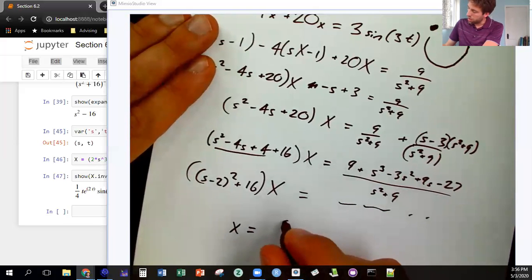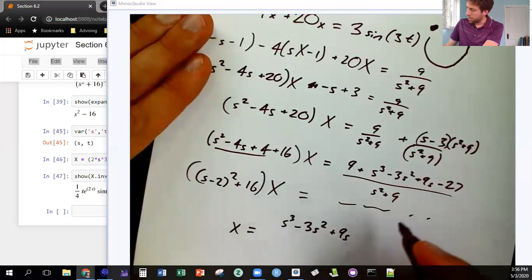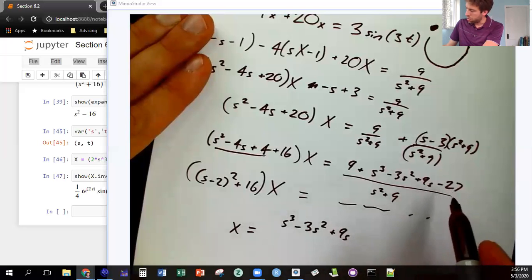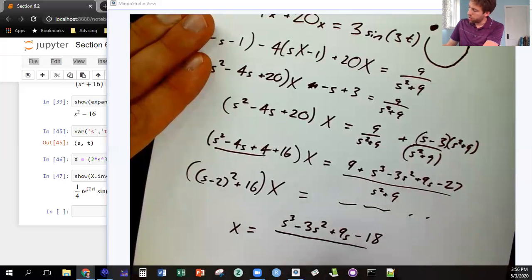So s cubed minus 3s squared plus 9s, and then instead of minus 27, it's minus 18, all over, dividing by s squared plus 9 times s minus 2 squared plus 16.